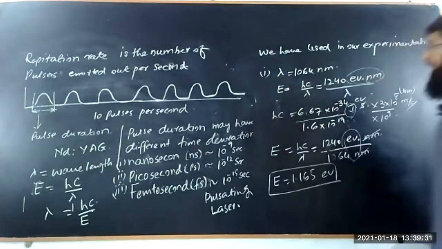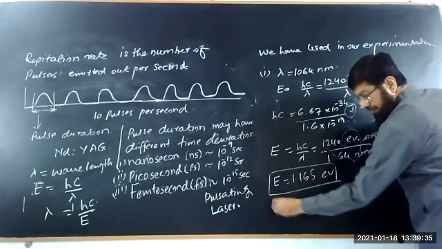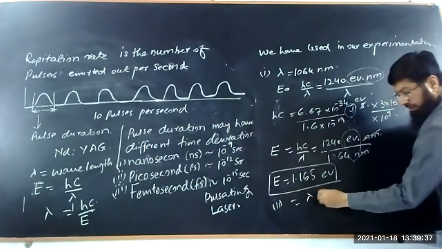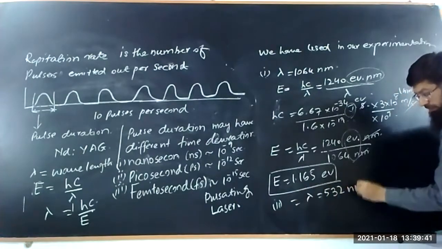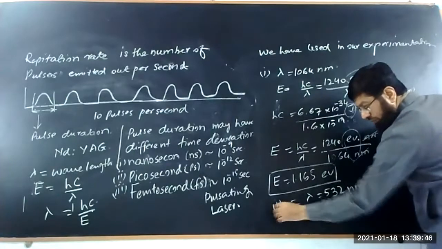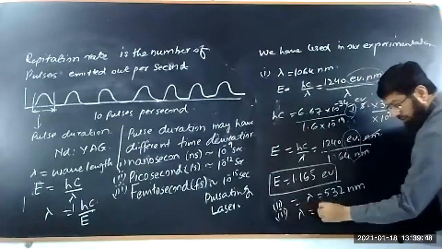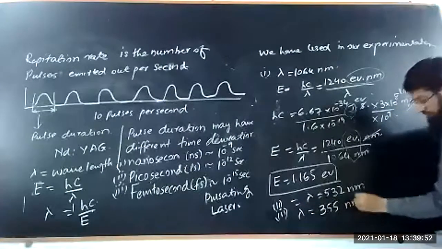Similarly, you can find out the energy of the other photons. For example, the second is lambda equal to 532 nanometer, and the third wavelength which we have used, lambda is equal to 355 nanometer.